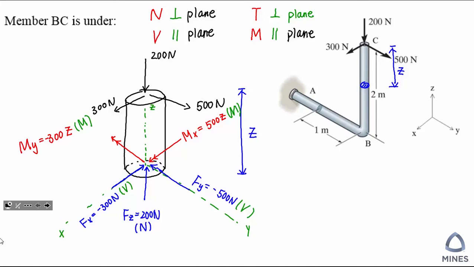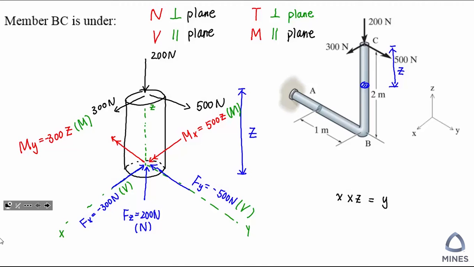The 300 Newton is in the x-axis, and the moment equals the force crossed with the dimension. The dimension is in the z direction, so x direction crossed with the z direction gives us y. In this way, you can also tell that the moment is in the y direction.